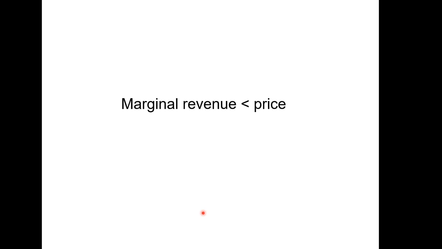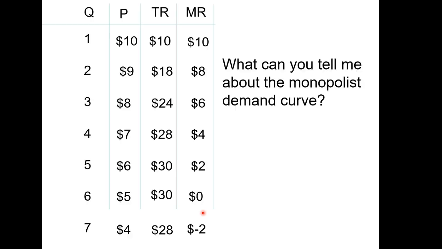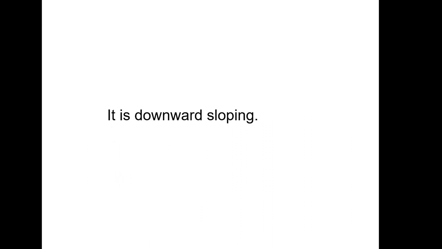All right, and let's pull the chart back up for a second. What can you tell me about the monopolist's demand curve? Right, so 10, now I'm going to keep lowering the price. It is a downward sloping demand curve. So let's just recap for a second. The MR is less than price, and the demand curve is downward sloping.